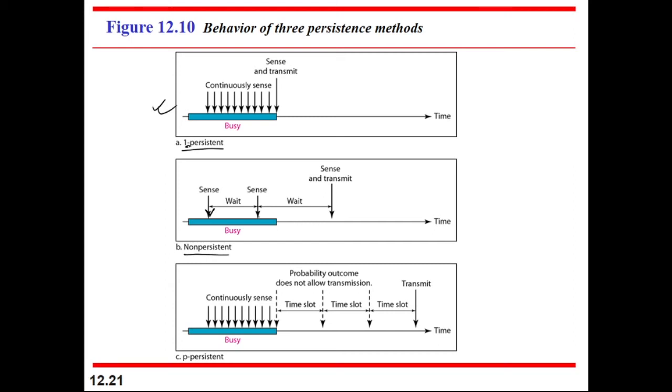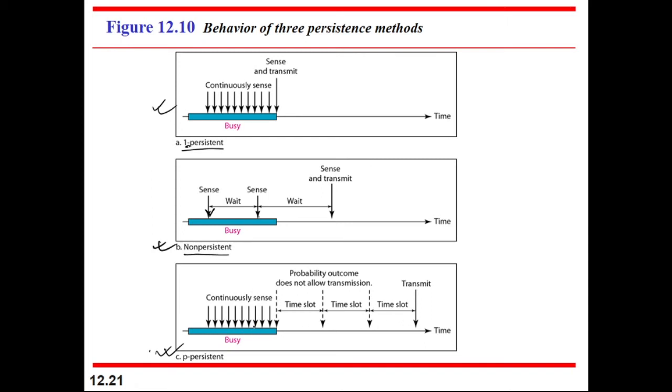And so these are the persistence methods of CSMA. Okay, so remember it: non-persistent and then p-persistent. In the p-persistent method, what will happen? Here also the whole channel is divided into different time slots.